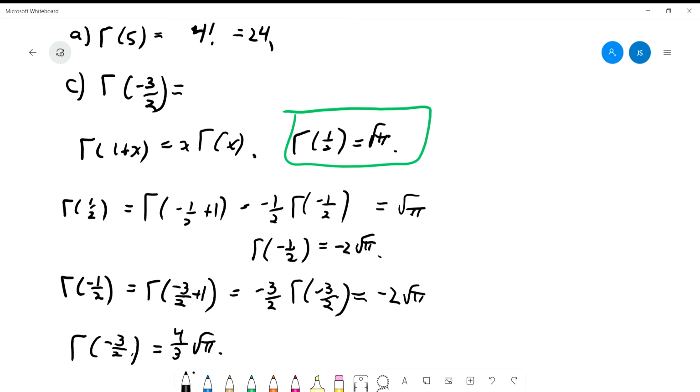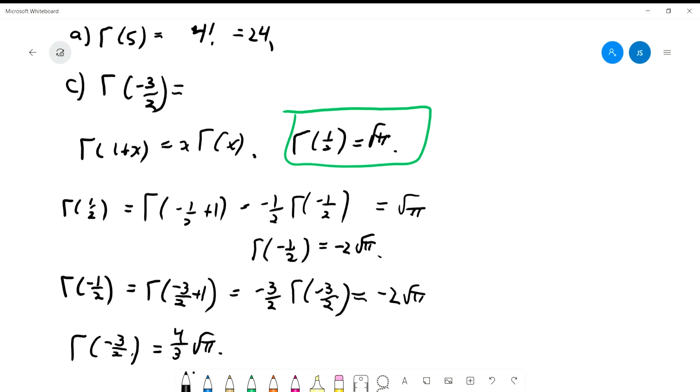By the way, using this identity, that was all I needed to say when I was speaking in the earlier video about extending our definition of gamma to negative numbers that are non-integers, other than negative integers.